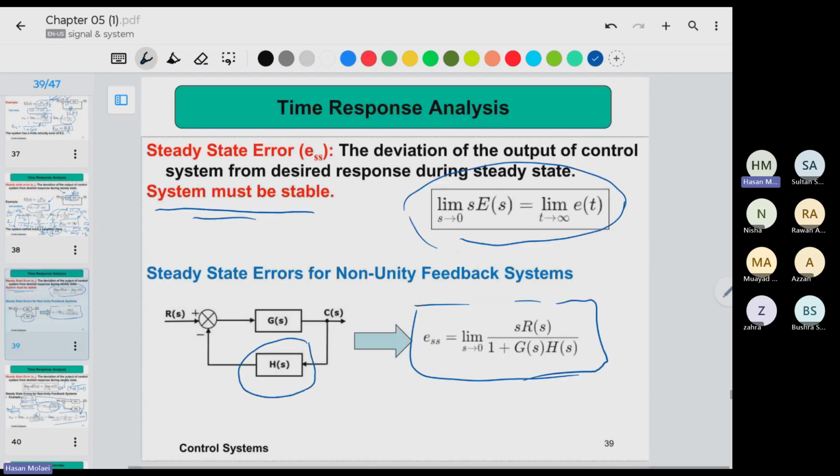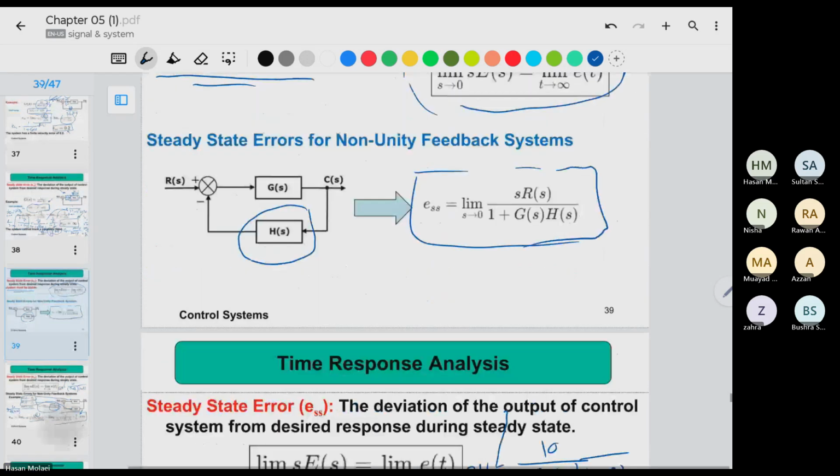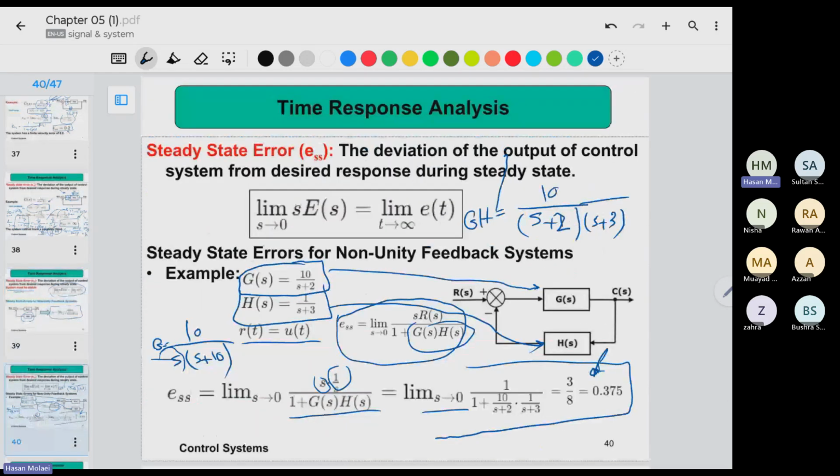But in the new example, GH is the effective transfer function of the loop, right? And GH doesn't have any 1 over S factor, since it doesn't have an integrator, basically. It has some other poles, but no integrator.